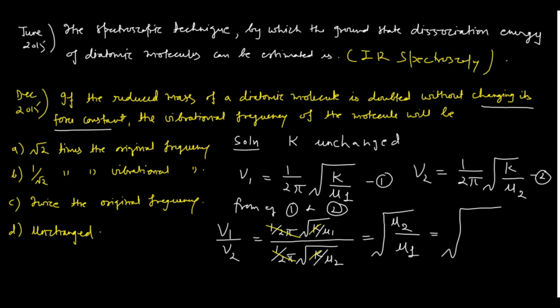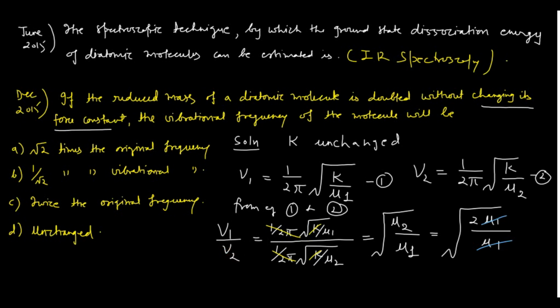So here you can write 2 of mu1 and mu1 over there. So you can cancel this and this, right? So what are you left with? You have to calculate what? You have to calculate nu2, right?